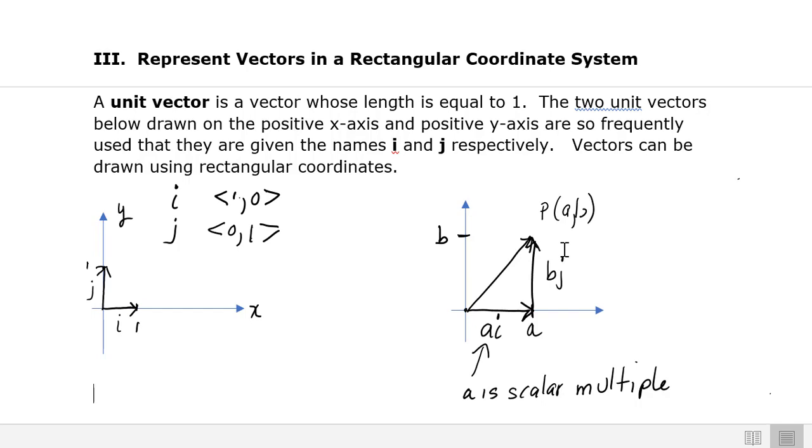We know that this vector from (0, 0) to (a, b) is actually the sum of the vectors ai and bj. Remember, if I want to add ai plus bj and I want to show that addition geometrically, I would draw a vector from the initial point of ai to the terminal point of bj. So this new vector will be ai plus bj.